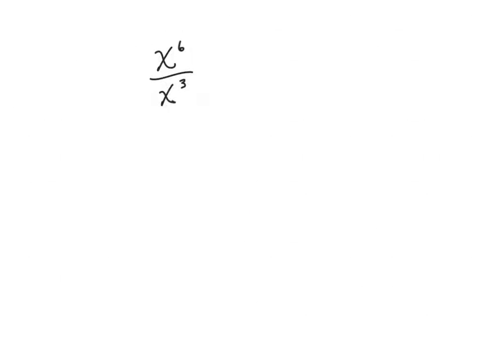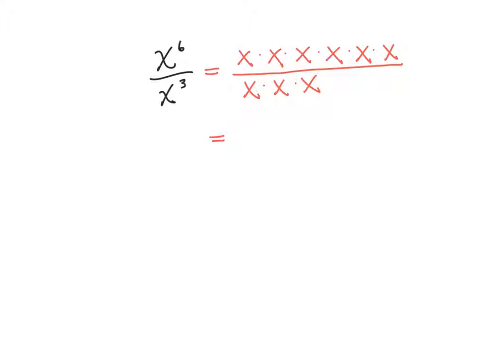All right, this one's a little bit different because now we've got a fraction. But if we think back to what exponents mean and what basic fraction multiplication looks like, we know that this is x times x times x, a total of 6 times, and in the denominator, we have x times x times x.